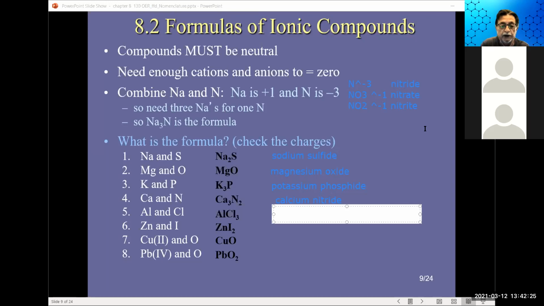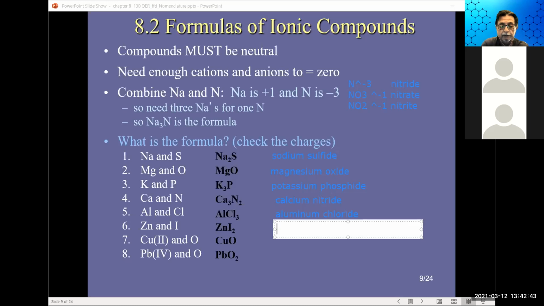All right, in this one here, we have aluminum, and then chloride. Then we got zinc, iodide.